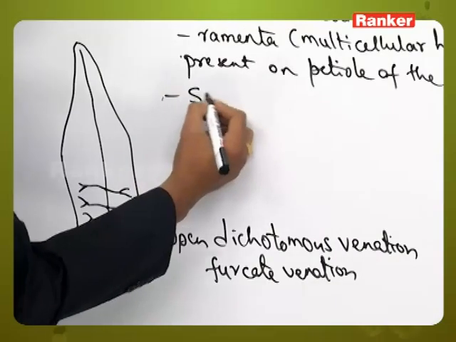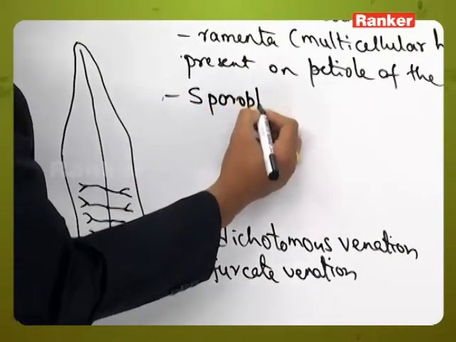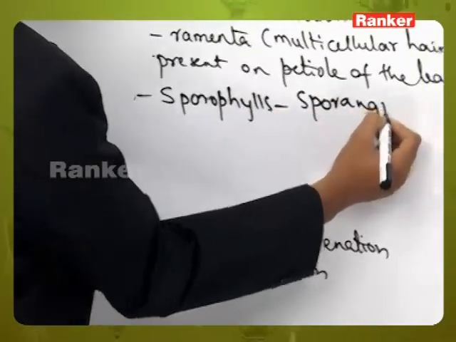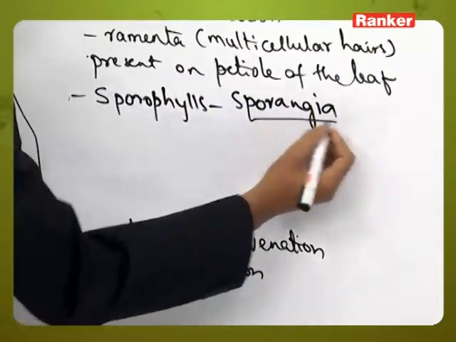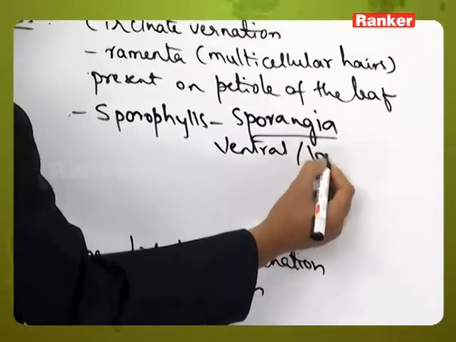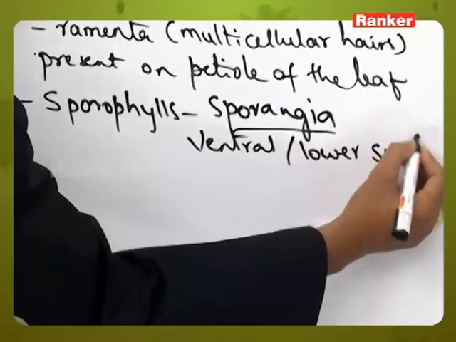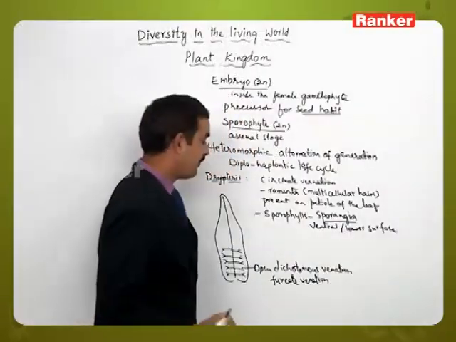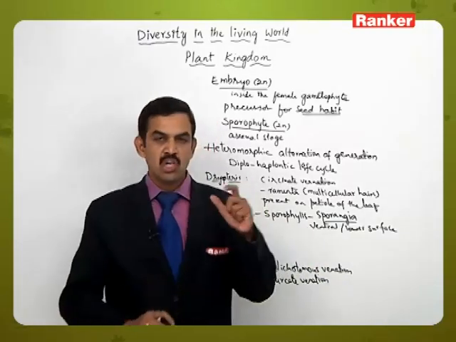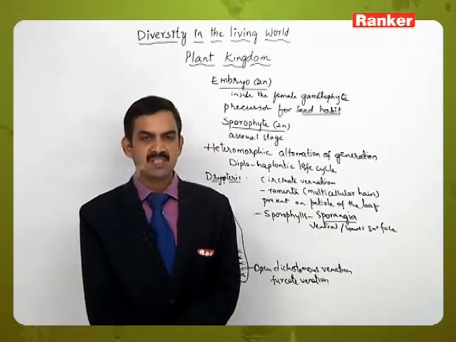Then apart from this, the sporophylls bear groups of sporangia, that is sori. Generally the sporangia grow on the ventral surface, that is on the lower surface of the leaf. And here the sporophylls have sporangia which are protected by a sheath-like structure.